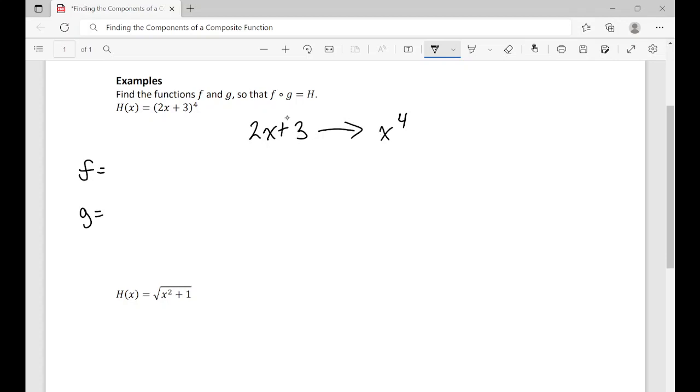So when a function is being plugged into another, that is your second function, or your g of x function. So 2x plus 3. And since x to the fourth has another function being plugged into it, it becomes your f of x function. So these two here are the two pieces to this composite function h.